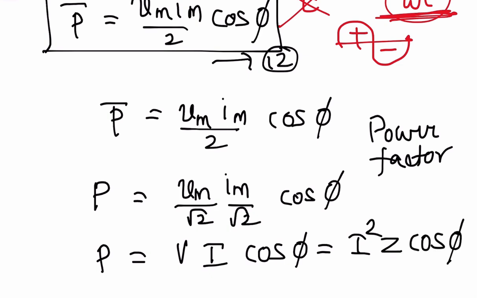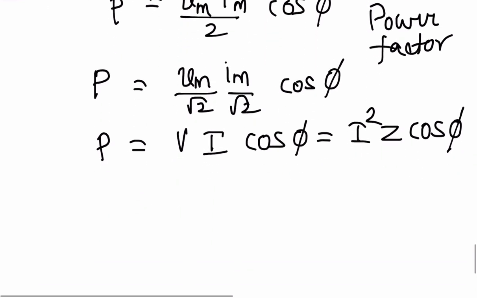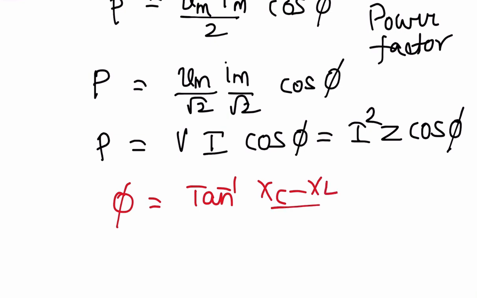Then in the case of LCR series circuit, we have already seen above that phi is equal to tan inverse of (XC minus XL) divided by R. So in this case, it depends upon the value of phi.